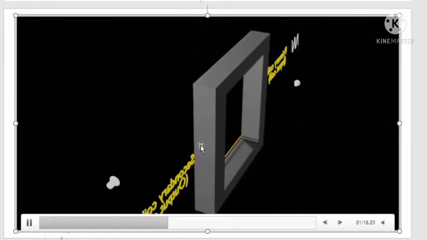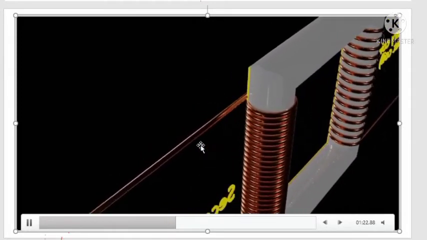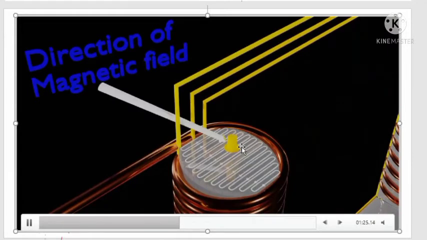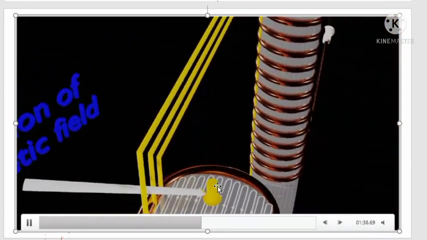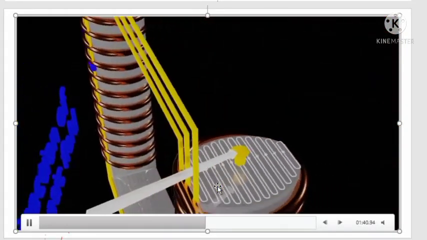The change in the magnetic field lines or the magnetic flux of the soft iron core is linked to the secondary coil. Or we can say that there is a change in magnetic flux in the secondary coil. This will induce EMF in the secondary coil.